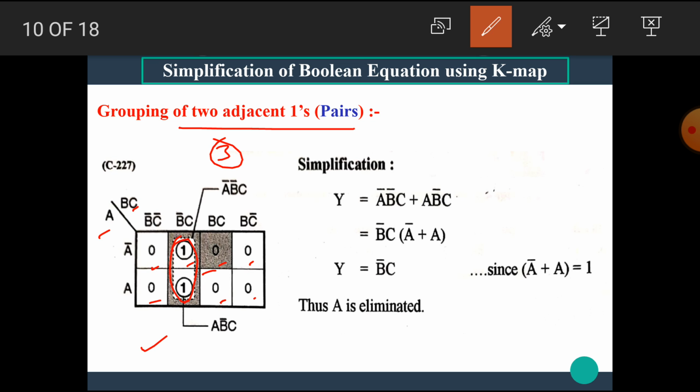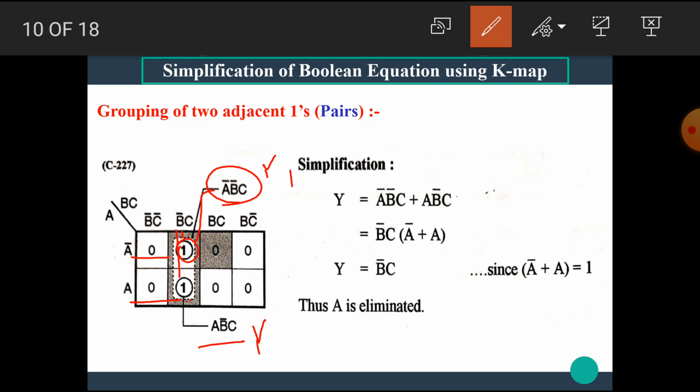For this one we get the expression a bar b bar c. For this one we get the expression a b bar c. This is our y1 and this is our y2.